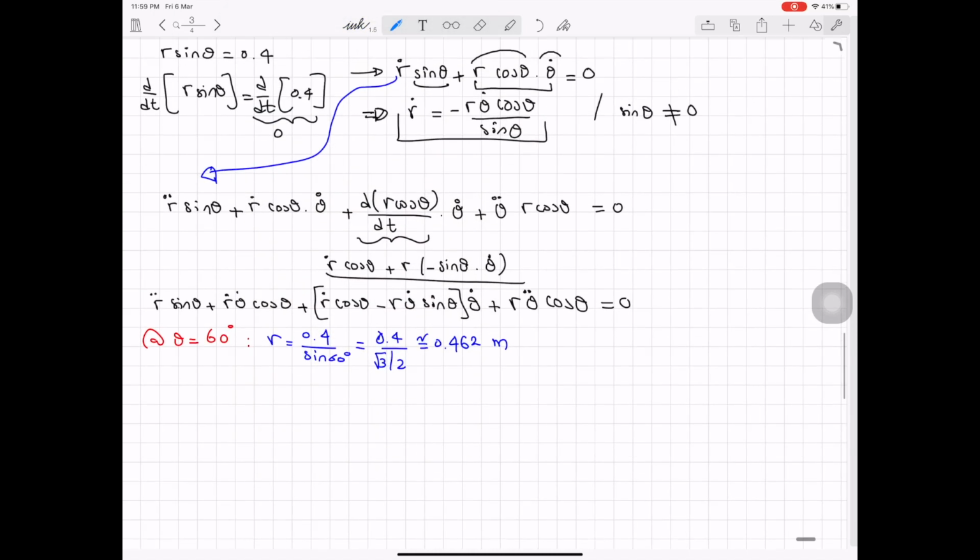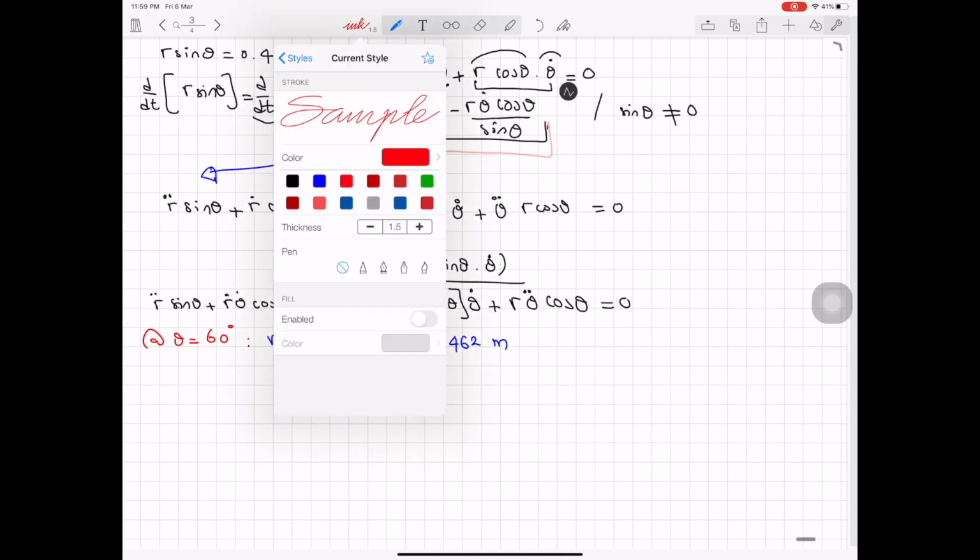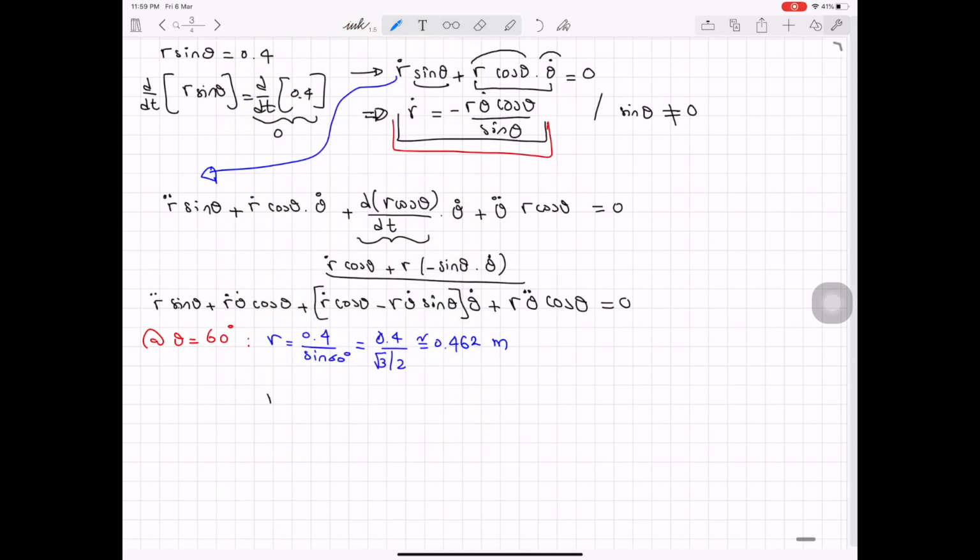Okay, now the same thing for r dot. So r dot we calculated from this equation. We have r dot is equal to minus r theta dot cosine theta over sine theta, and this gives me minus r, which is 0.462, times theta dot, which they gave me as 0.5 radians per second, times cosine 60 degrees divided by sine 60 degrees.